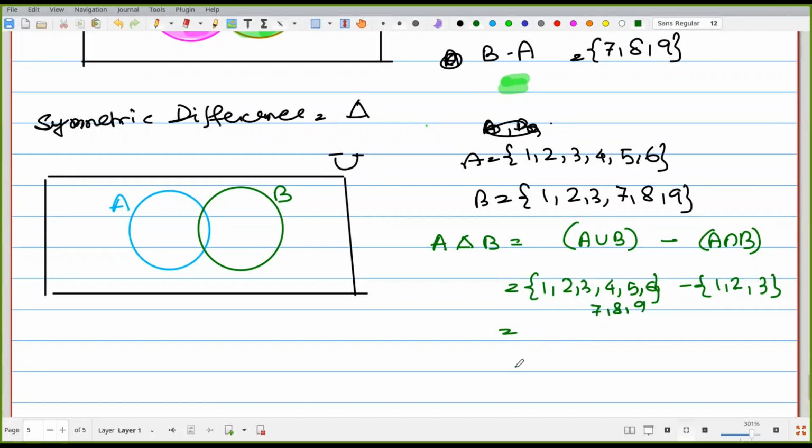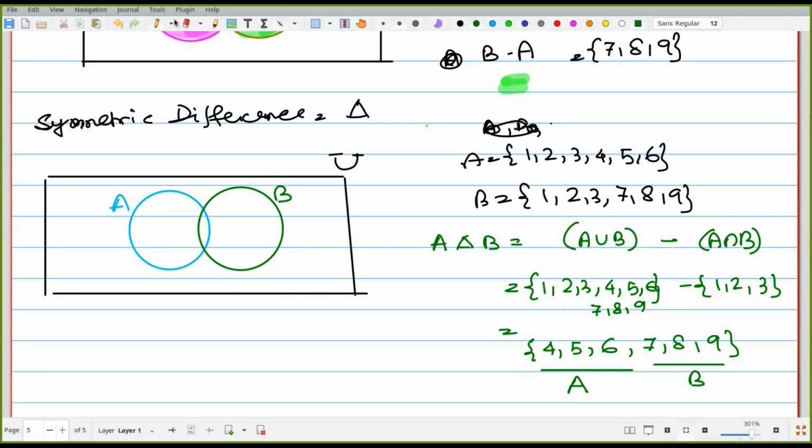So remove 1, 2, 3, and we are getting 4, 5, 6, 7, 8, 9. That is from set A, that is from set B. Only the intersected part has been removed.